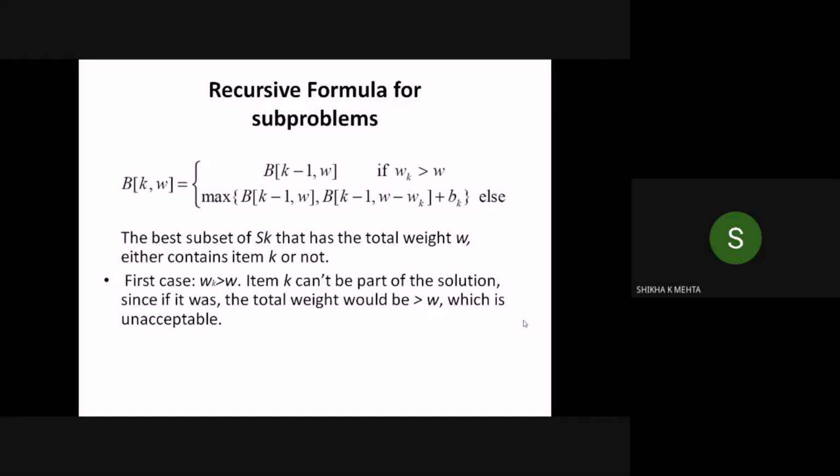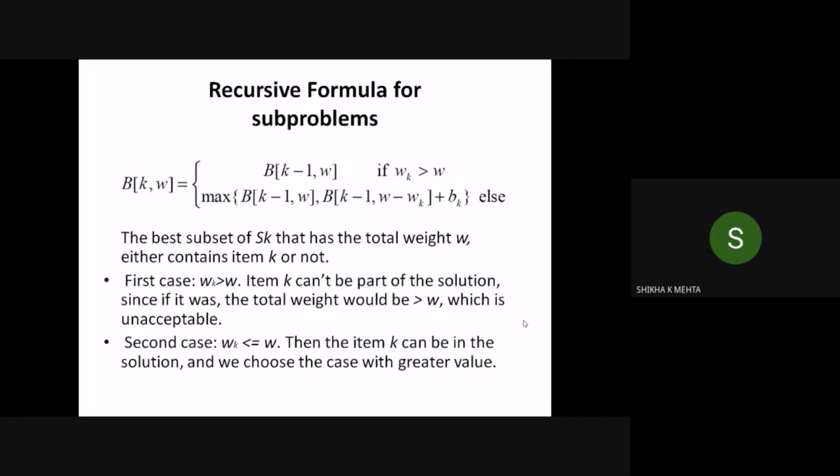We cannot accommodate this item, because it would increase the weight beyond what the knapsack can hold, so this case won't apply. So we look at the other case, wk less than or equal to w. Then item k can be in the solution, and we choose the case with the greater value.